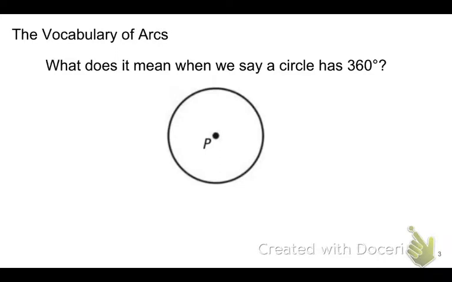Okay, so the vocabulary of arcs. What does it mean when we say a circle has 360 degrees? You've probably been saying that since about 4th grade, but what does it really mean? If you think about it, when you have a line, you use what we call length to measure the line.